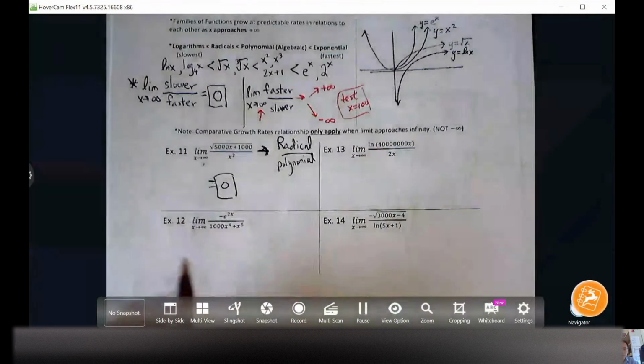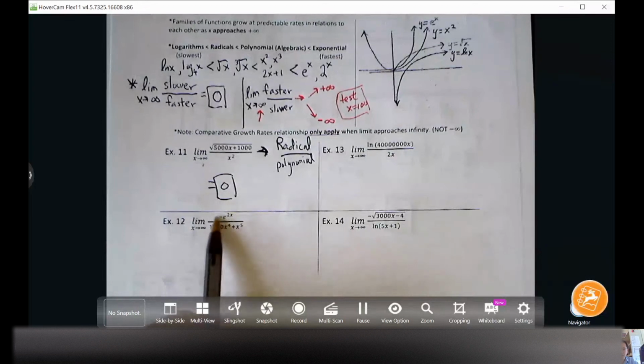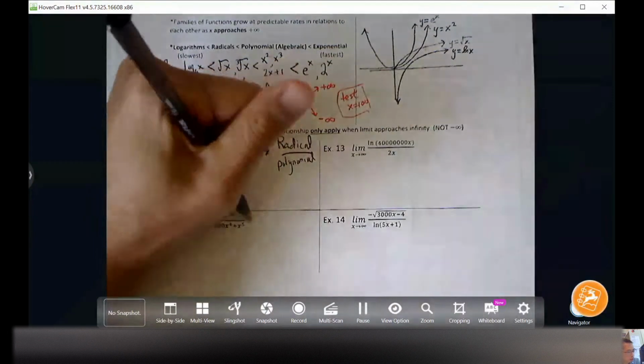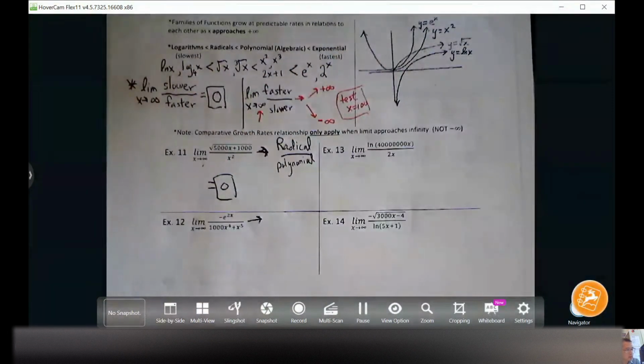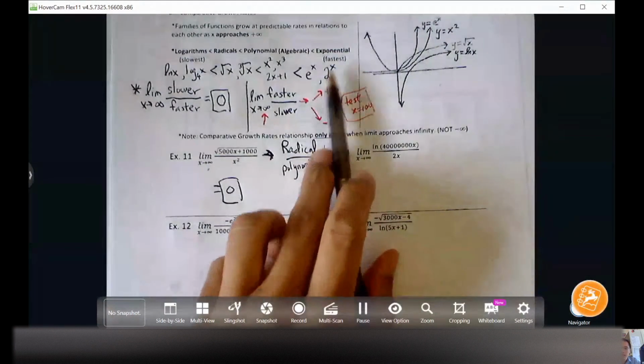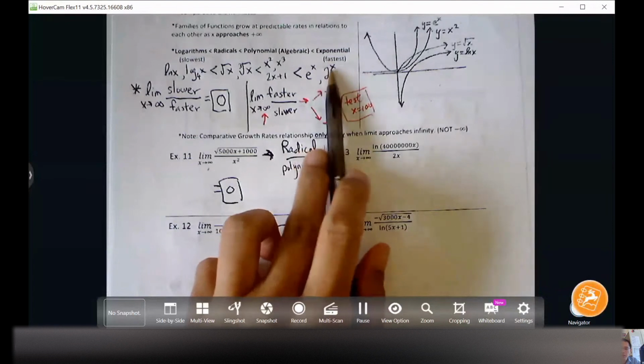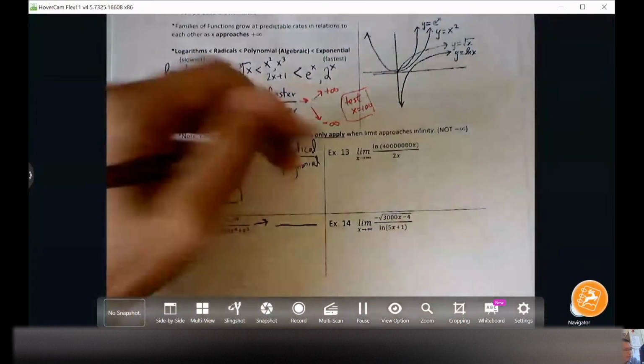All right, number 12, we're approaching infinity. Numerator and denominator, if we try to compare degrees, it doesn't fit, because we don't have a degree for this. So we have to identify the family of function. If the variable is sitting in the exponent, we call it the exponential function.